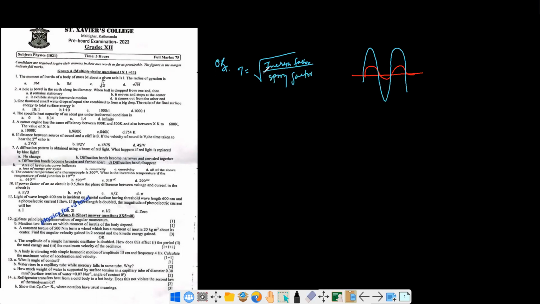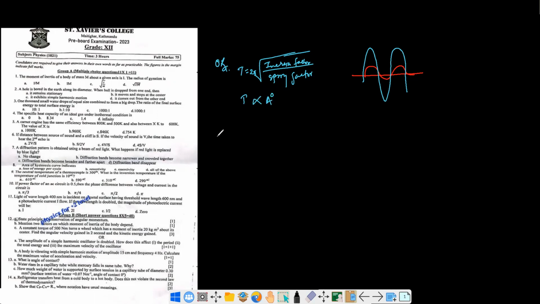So in here there is nothing to do between this time period and the amplitude. Inertia भनेको mass सँग related होला है, spring factor चाहिँ त्यो material सँग related होला, भने यसको amplitude सँग relation छैन. That's why time period is independent of amplitude.